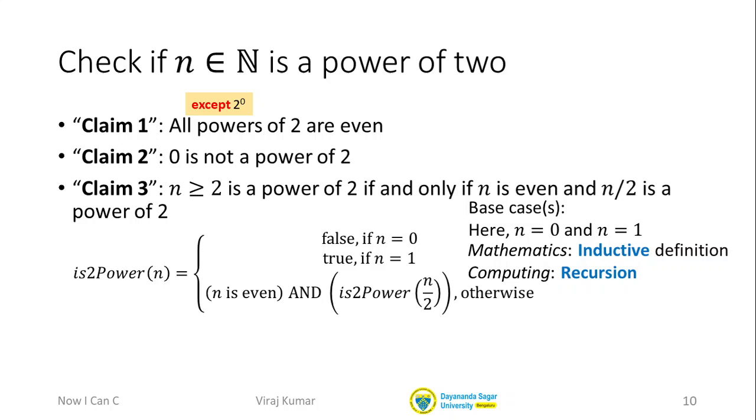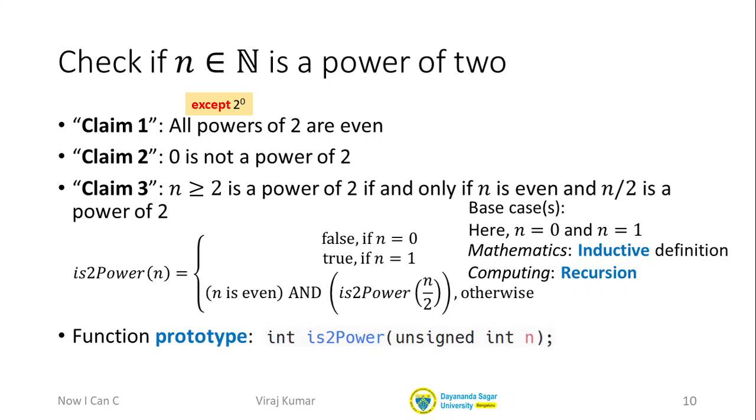So this is a function that takes a natural number as input, and it returns either true or false. So we will have to write some type that captures true or false in C. Unfortunately, in C, we don't have a way of indicating true or false. So what we have to do instead is fake it using an int.